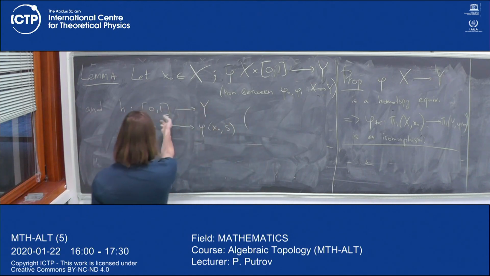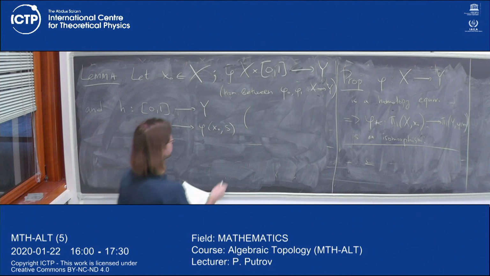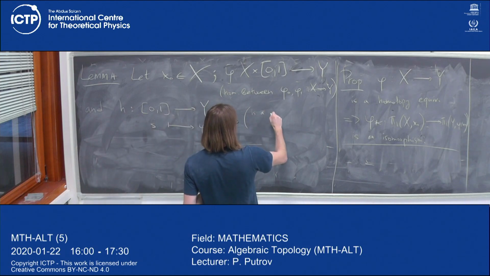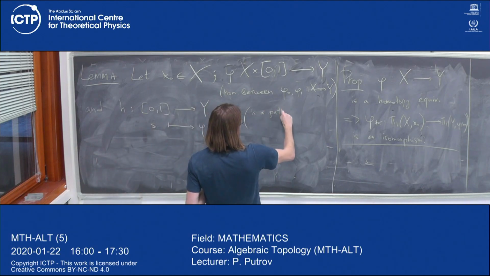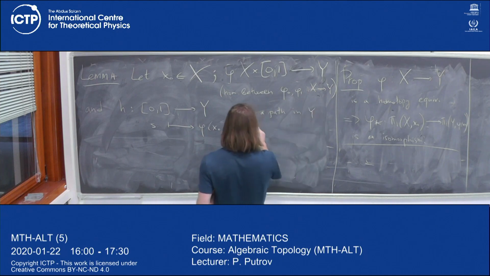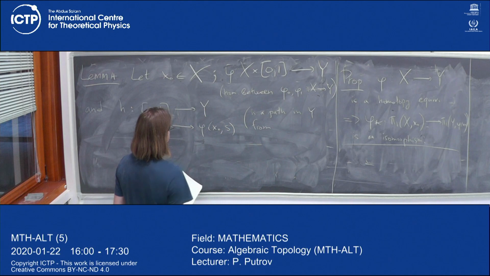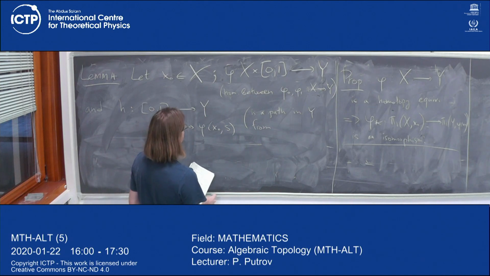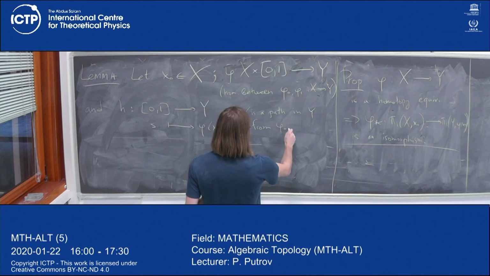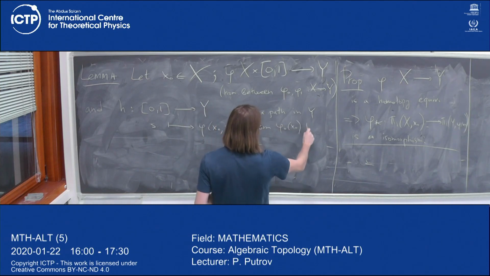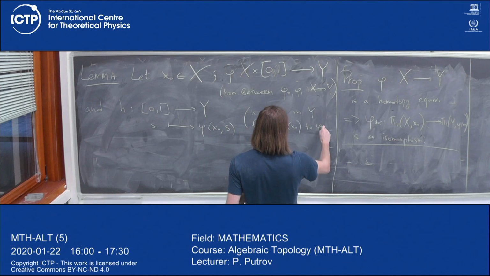So this H is a path in Y from phi 0 of x0 to phi 1 of x0.